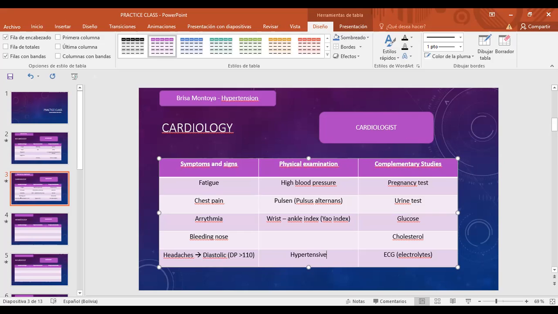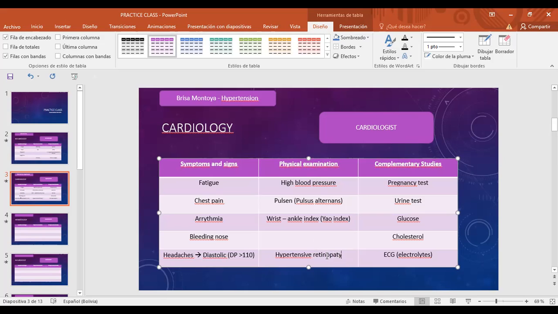Hypertensive retinopathy. Oh, eyes. Actually, just the retina, right? Do you know the scale? When you have a patient with hypertension, first, of course, you have to measure the blood pressure. And then you should look for any signs of damage in other organs.